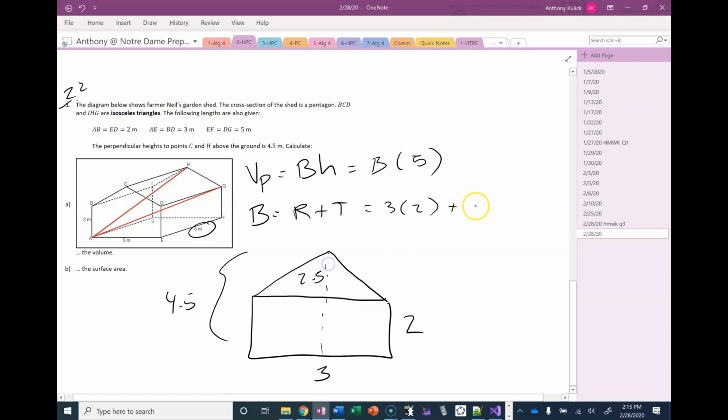And the area of the triangle is going to be 1/2 base times height. So there's that. Are you okay with how I got the 2.5? Okay.